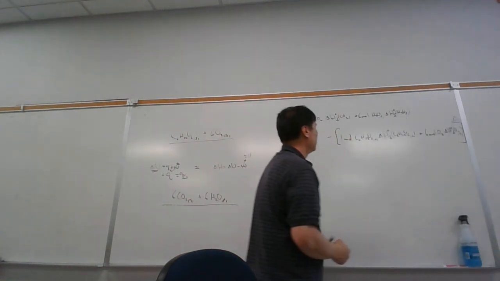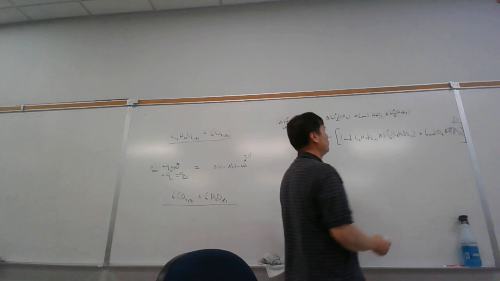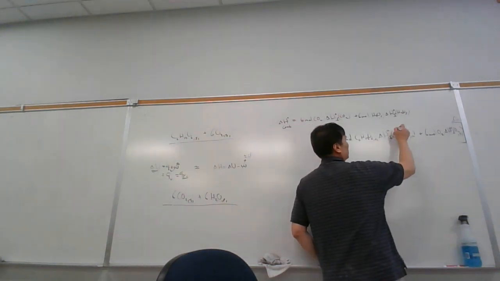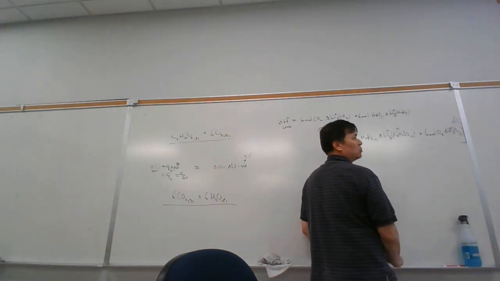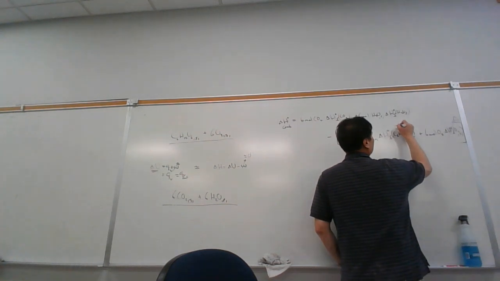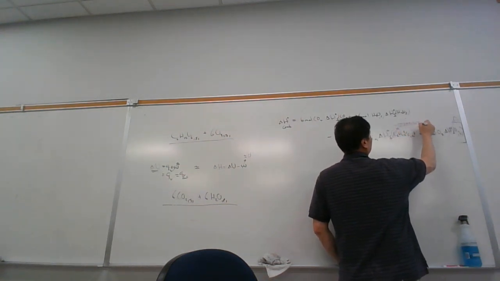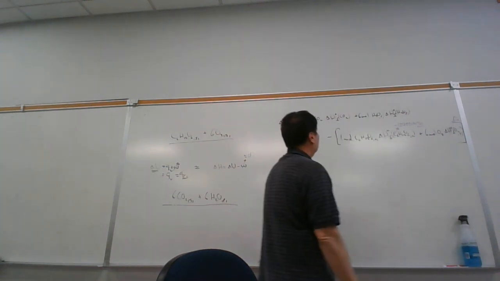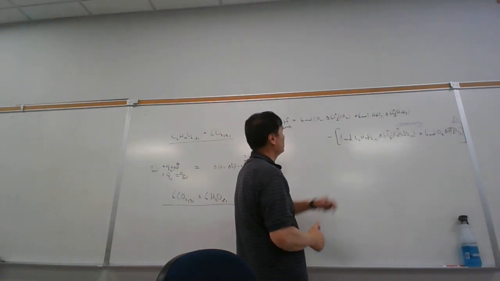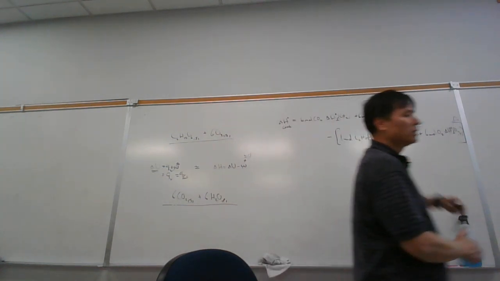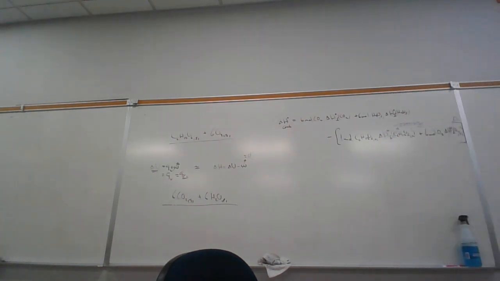The others we'll have to look up. The delta H of formation of glucose was given, and that's minus 1273.3 kilojoules per mole. So we need to look up the delta H of formation of CO2 gas and the delta H of formation of H2O liquid. And so here we have to go to appendix D. They don't give us the numbers in the problem.